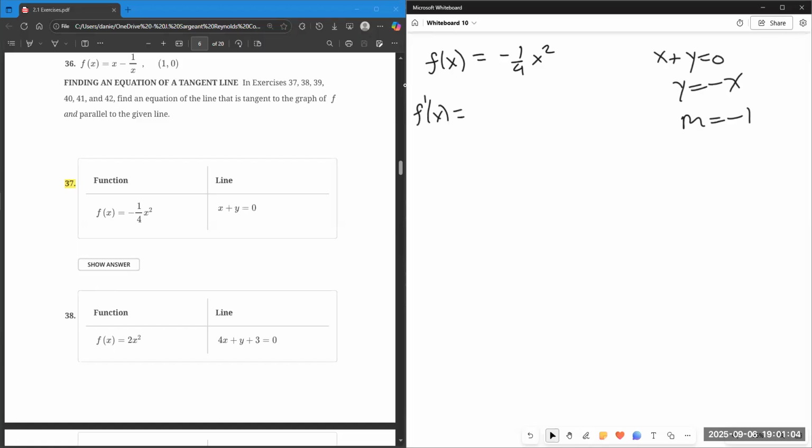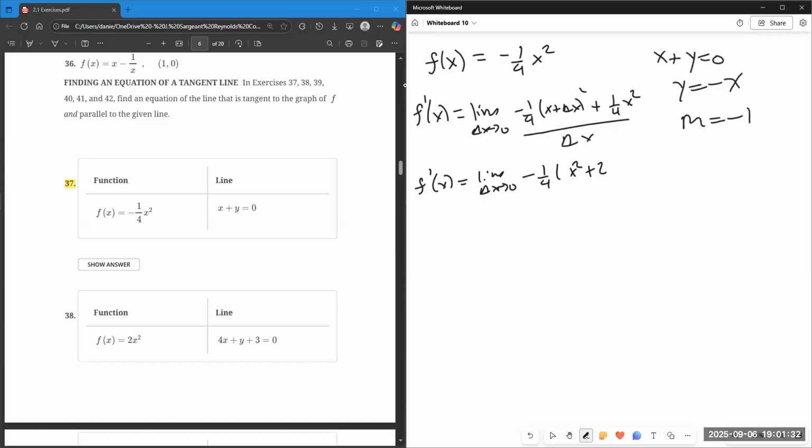I wish I could just use the rules that we learn later in this chapter, but we only know the limit process here. So the limit as delta x goes to 0 of negative 1/4 of (x plus delta x) squared, minus the original, is going to be plus 1/4 x squared, divided by delta x. So f prime of x is the limit as delta x goes to 0 of negative 1/4 of (x squared plus 2x delta x plus delta x quantity squared) plus 1/4 x squared over delta x.